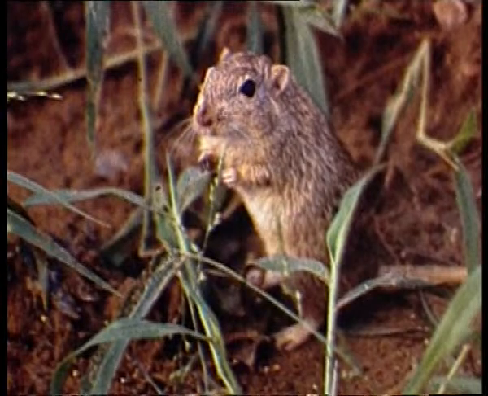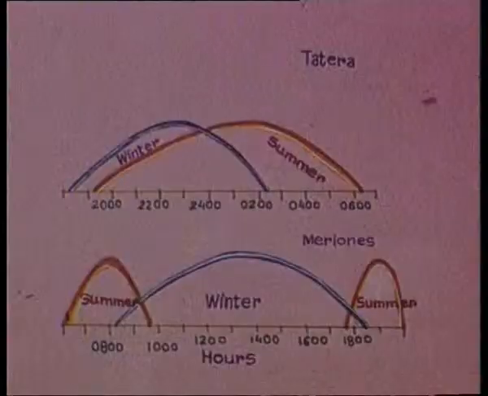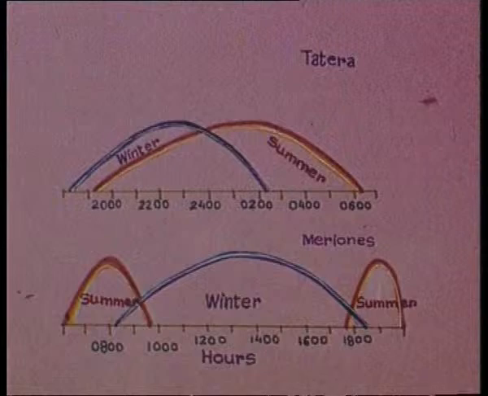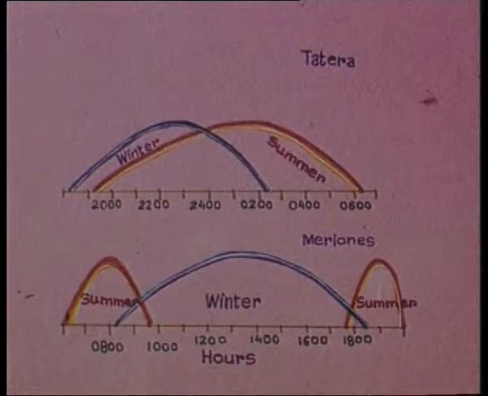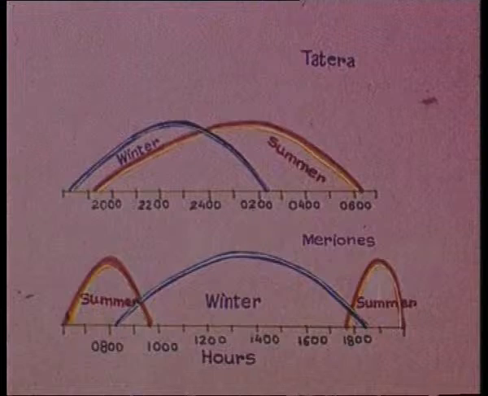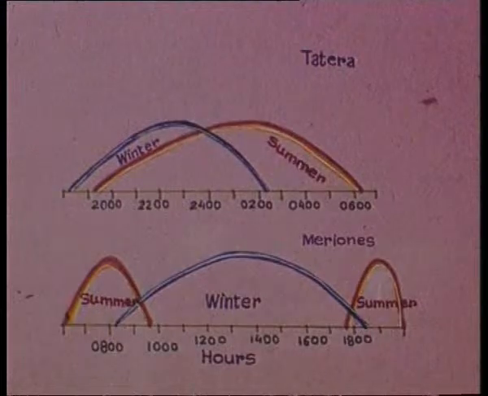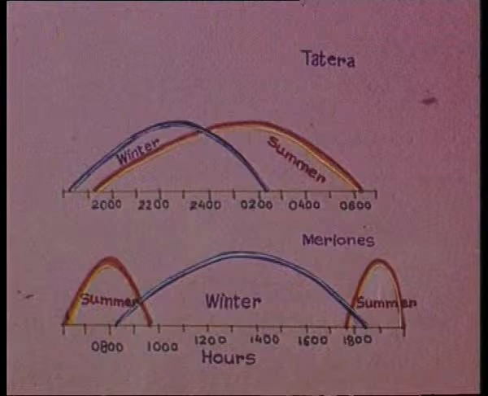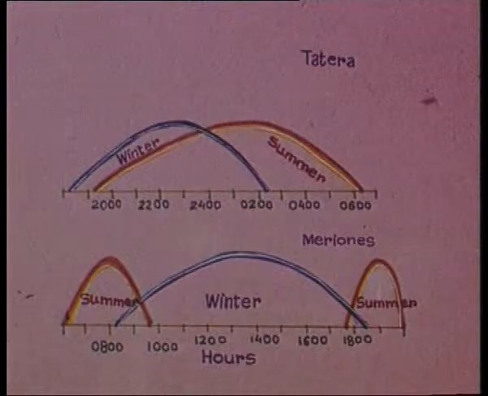Whereas the diurnal Meriones hurrianae, the desert gerbil, during the winter is out of its burrow all the day, but during the summer, it divides its activity into a bimodal mode, early morning and early evening.